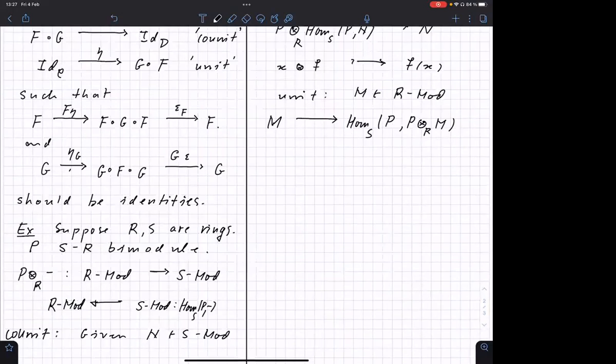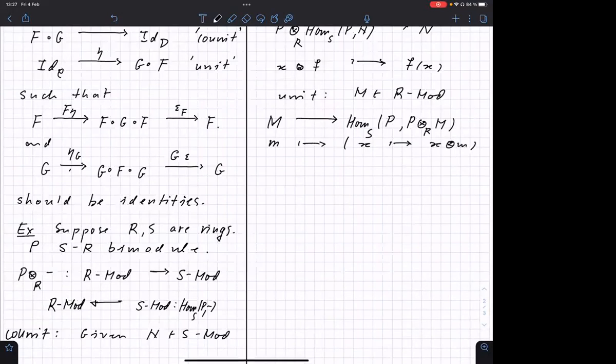So this will send an element m of the module M to some homomorphism from P to P tensor M. What could it possibly be? It must be x tensor little m.